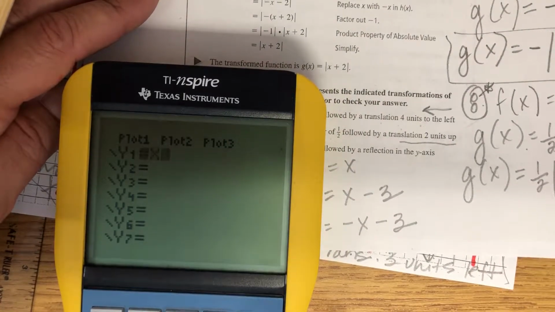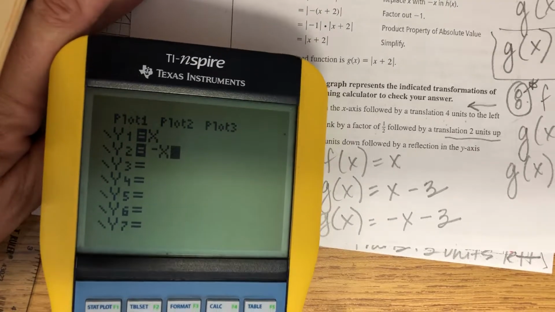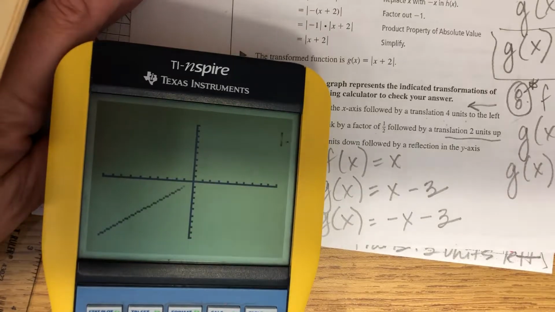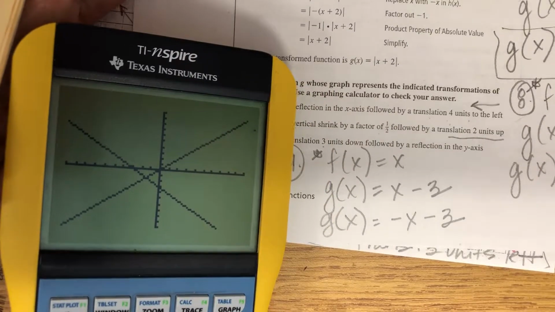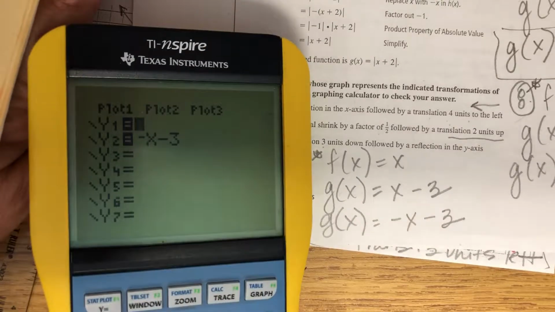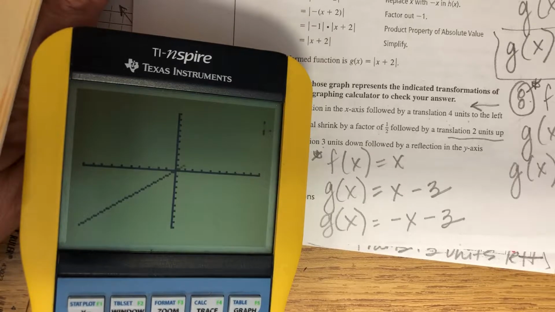Different parent, y equals x in there. Now I'm going to compare it to negative x minus 3. Let's take a look at that graph. There's y equals x. I actually want to put this middle one in here. That should have translated it 3 units down. There it goes.